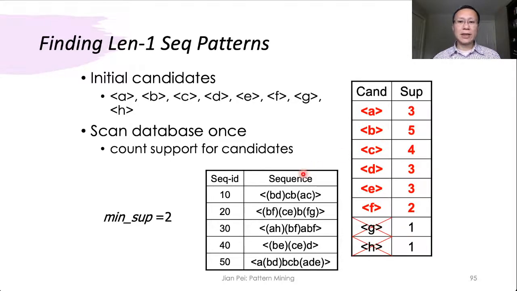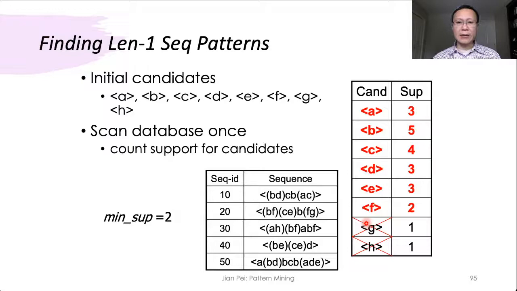Then, by scanning the database once, we can count how many times each item appears in the database. For example, A appears in sequence 10, sequence 30, and sequence 50. Therefore, its support count is 3, and so on.